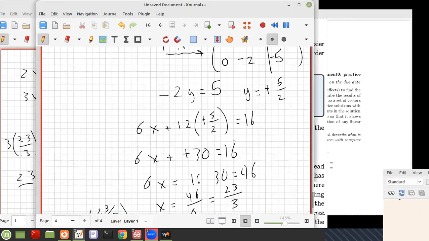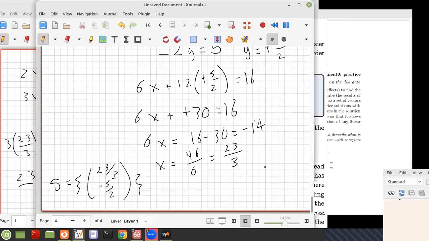Oh, this is a 6. What am I doing? This is 16 minus 30, which equals minus 14. Then x will equal minus 14 over 6, and then x will equal 7 over 3.